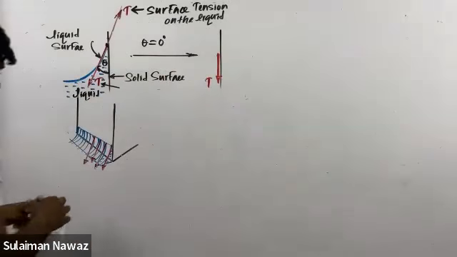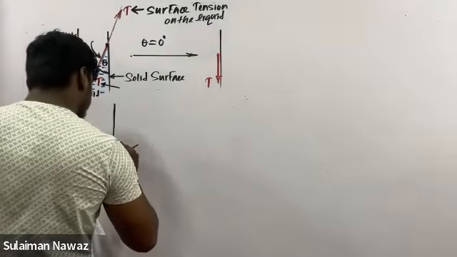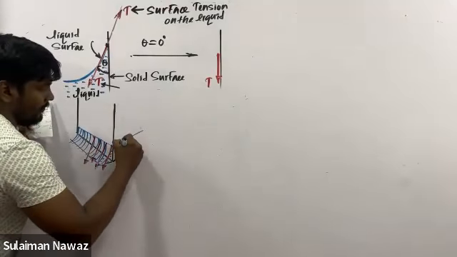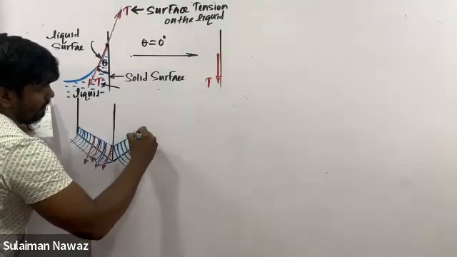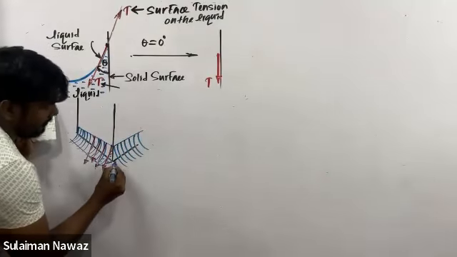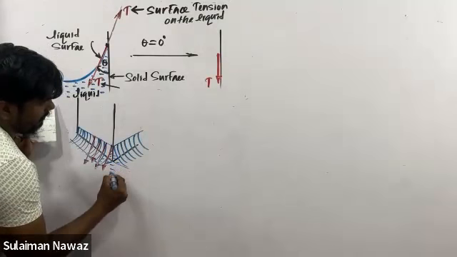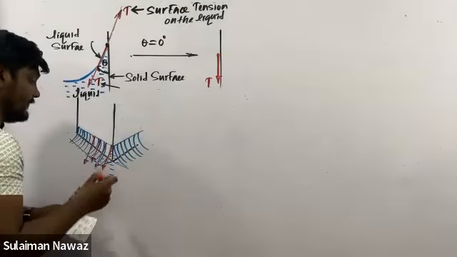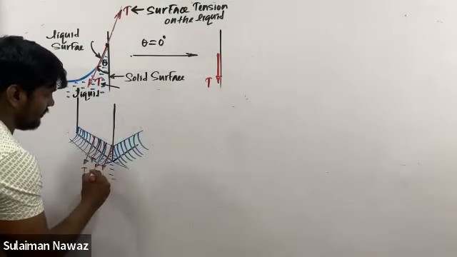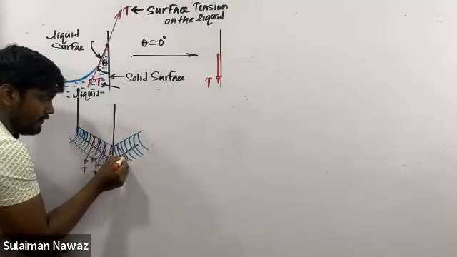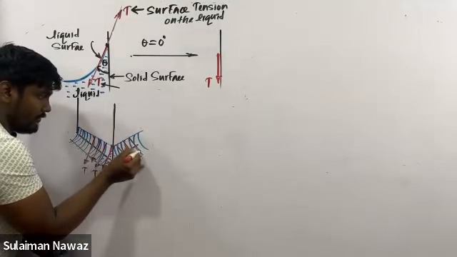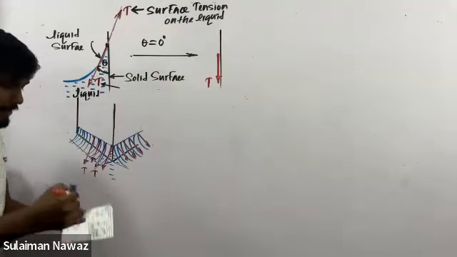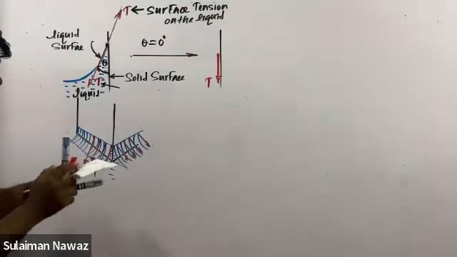If I consider the liquid surface like this and mark the surface tension, it will be like this. If I draw the front view, you will understand much better.